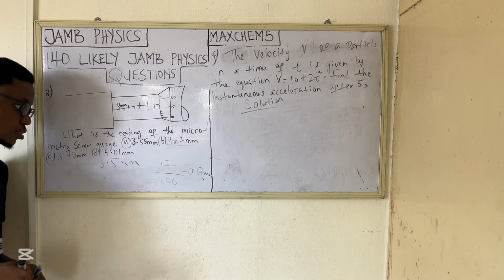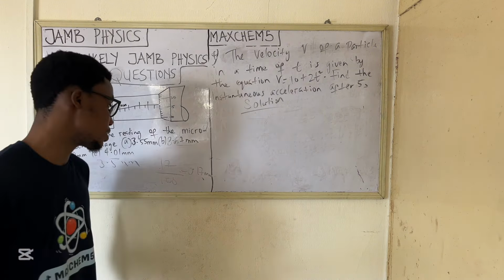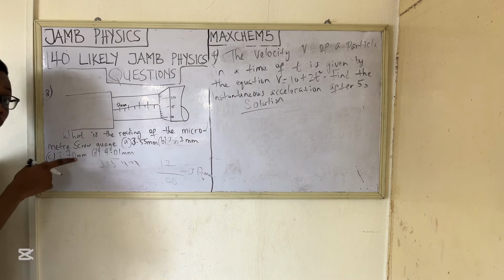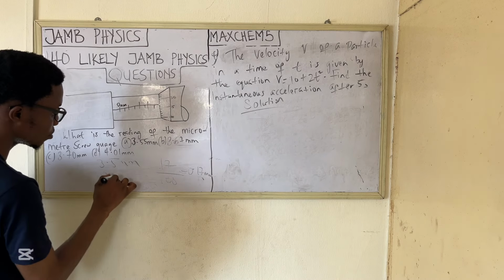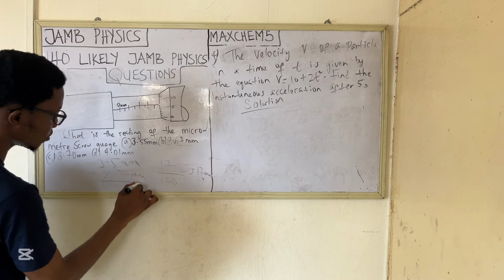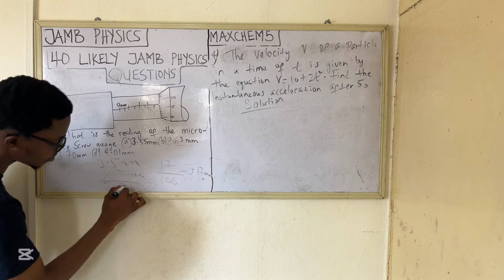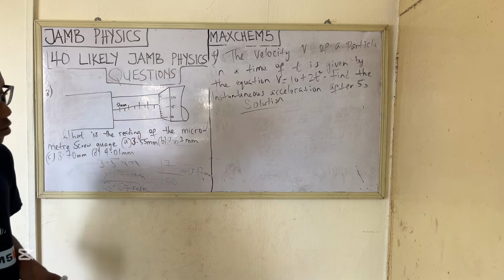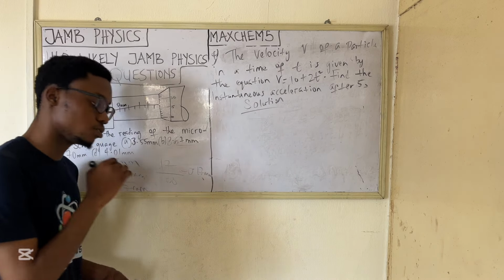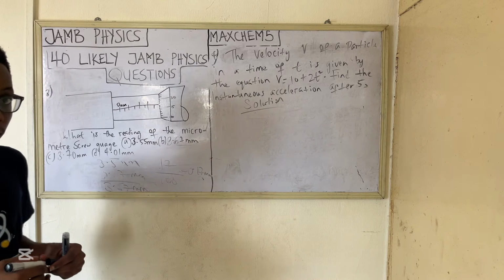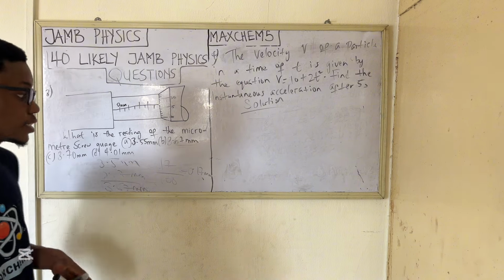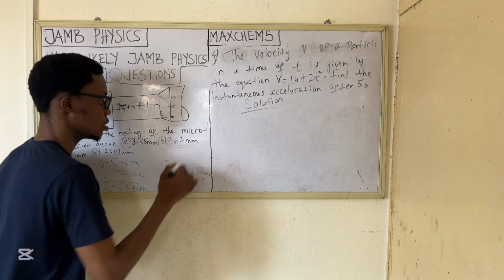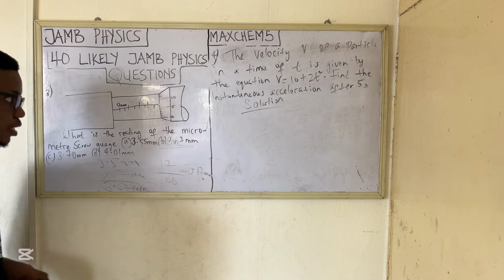What you have to do now is add your 0.17 millimeters to 3.5, which is the reading from your main scale. That gives us 3.67 millimeters. So for a question like this, that is how you solve them. Option B is the right answer to this question, 3.67 millimeters.